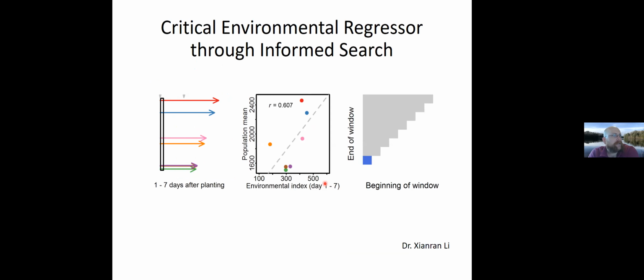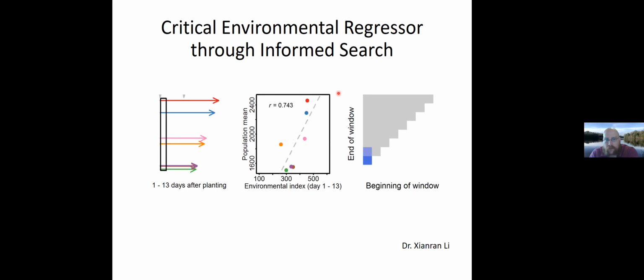Some of you may have seen this animation before, but I think it pretty clearly explains the SERIES process. For each environmental factor, we look at all windows of time starting at days after planting. First, let's say we look at 1 to 7 days after planting. We calculate a correlation between the environmental index accumulated between 1 to 7 days and the population mean, and we visualize that using a little heat map here on the right.